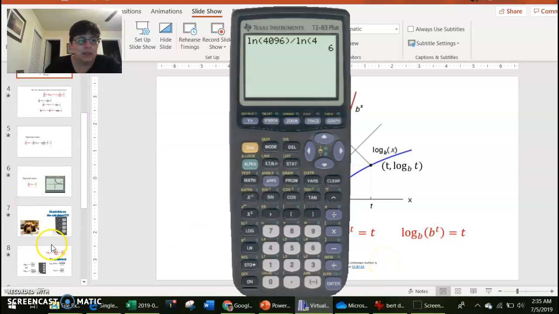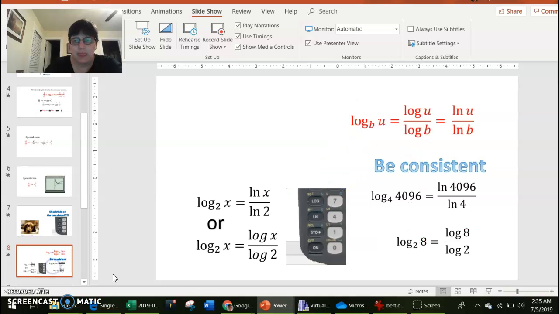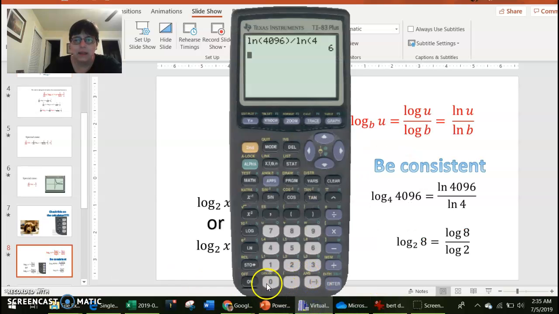So let me come back to this one. Log 8 divided by log 2 is 3. This is because 2 raised to that third power is 8.